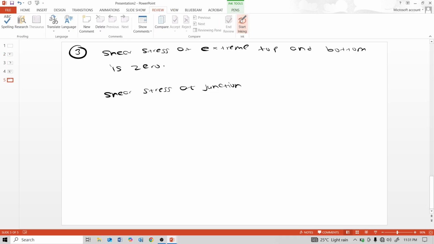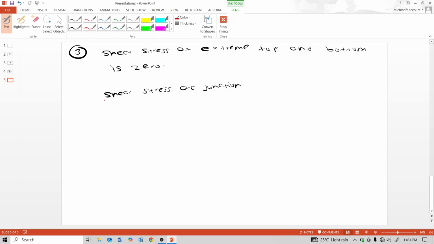So the area above junction, capital A, is equal to 200 multiplied by 20, which is 4000 mm square.